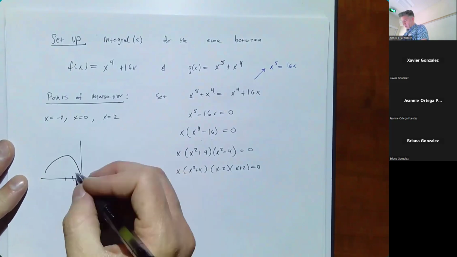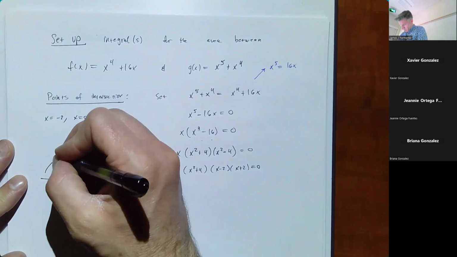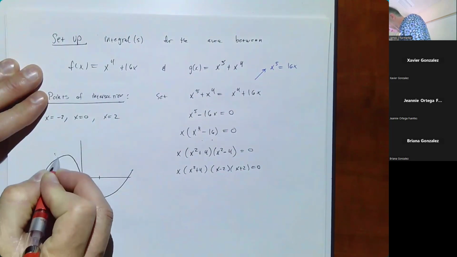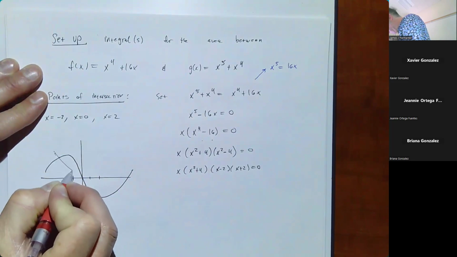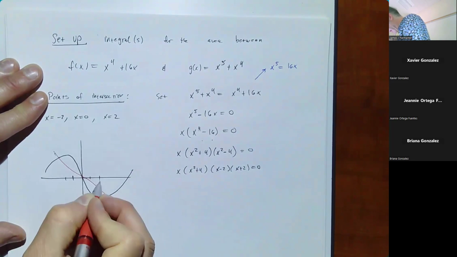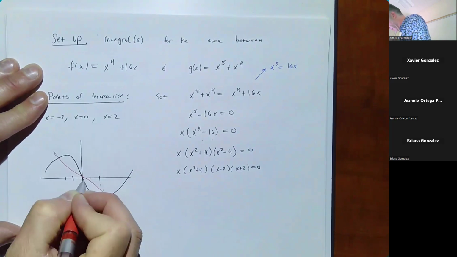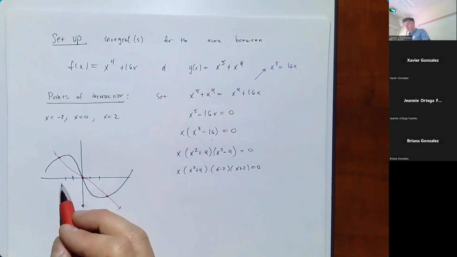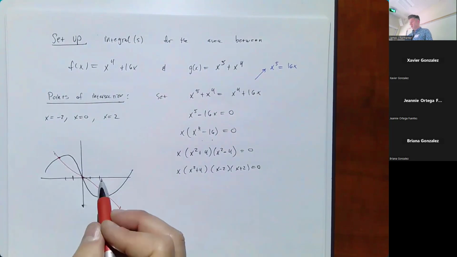And maybe the other one looks something like, I'm going to draw a different color here to make this work. Yeah, maybe it looks like that. So at 2, they intersect there, at 0, they intersect there, and at negative 2, they intersect there. And so from negative 2 to 0, one of them's on top. From 0 to 2, the other one's on top.